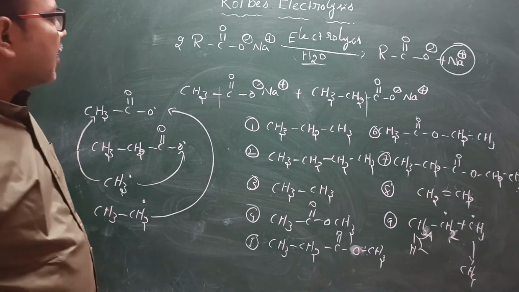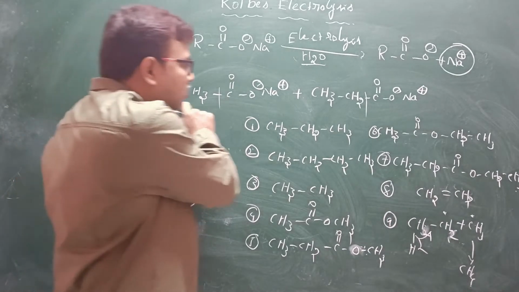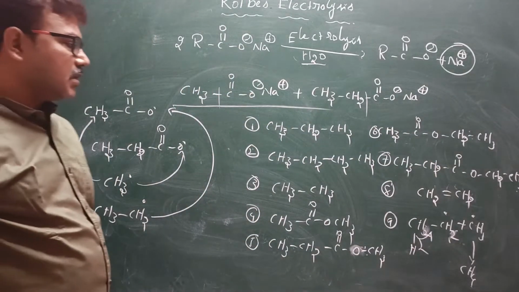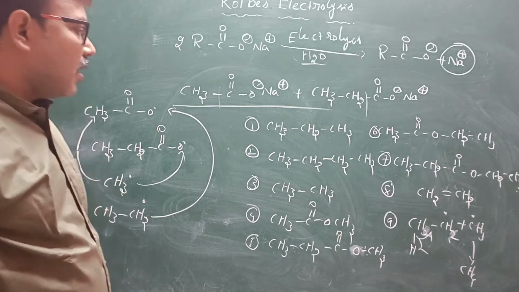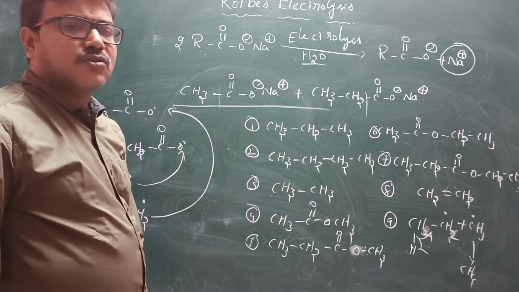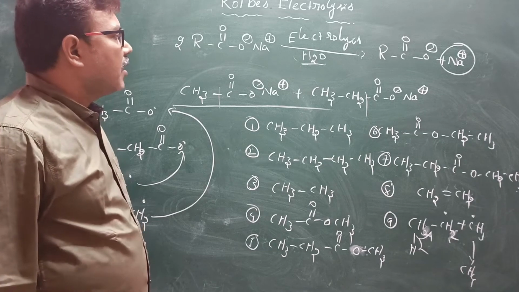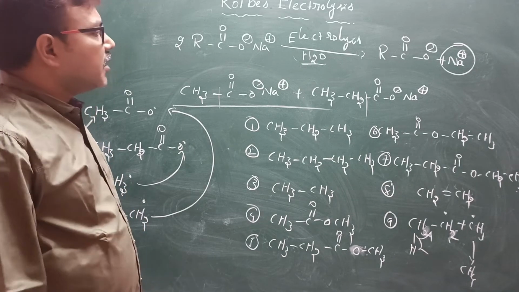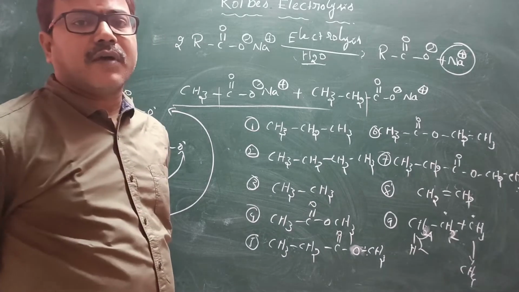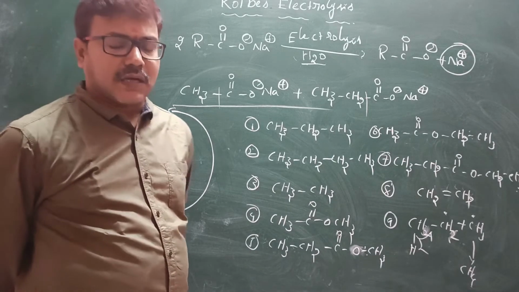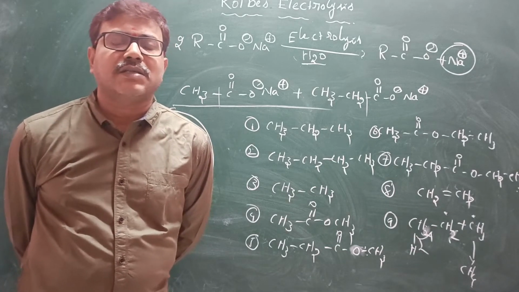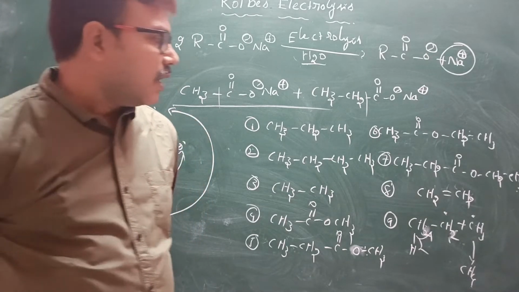So that's why Kolbe's electrolysis is not suitable for the preparation of odd number of hydrocarbons. It is suitable for the preparation of even number of hydrocarbons. In even number of hydrocarbons, alkenes are the minor products, but the major product is alkane.